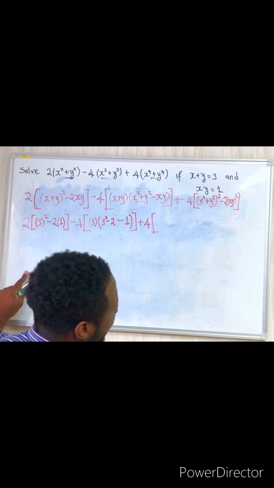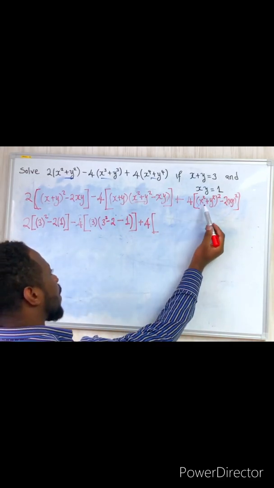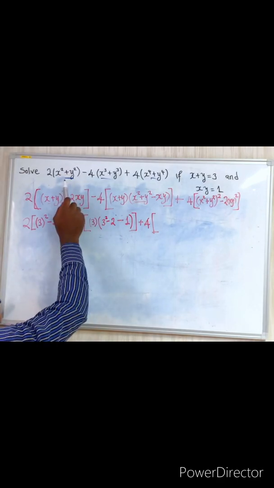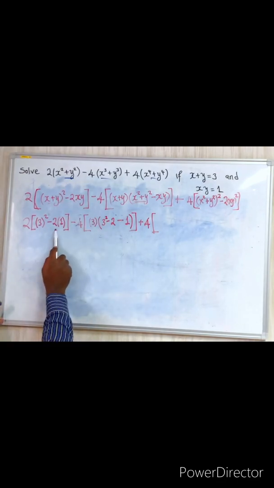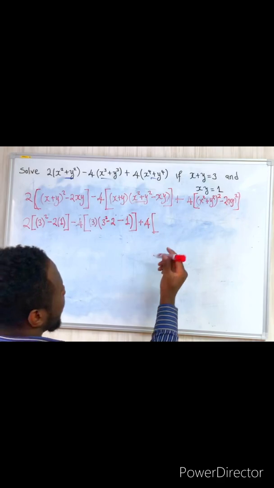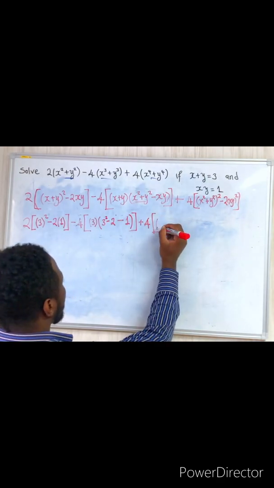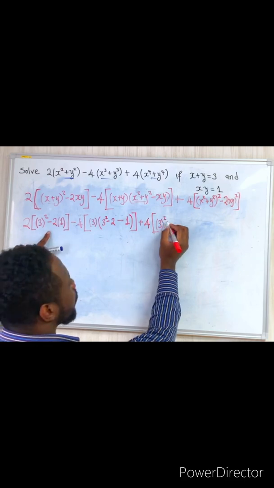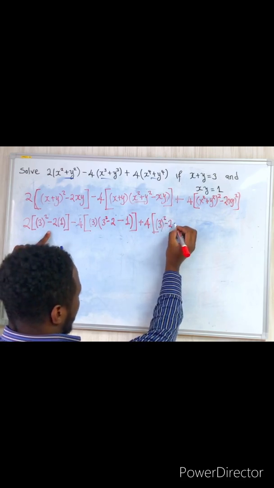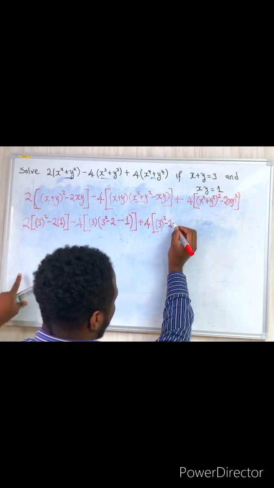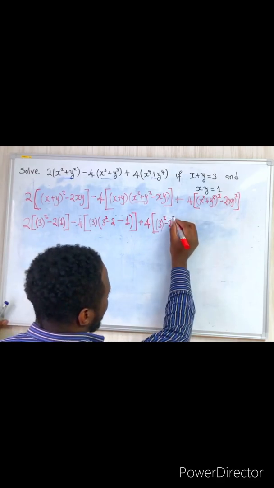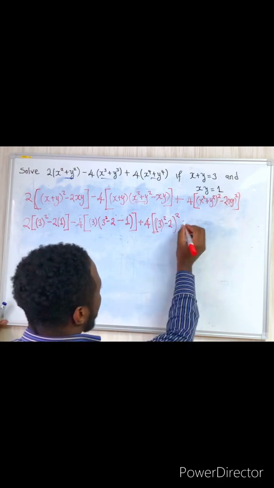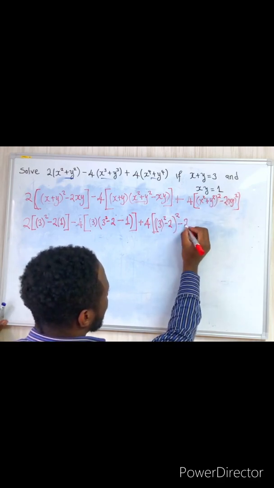Then we have plus 4, in bracket. Then we know this was x squared plus y squared. This is the same as what we had in the first case, and this is the same as what we had in that case. So this is the same as 3 to the power 2 minus 2 times 1, which is just 2. All of this time around it's squared minus 2.